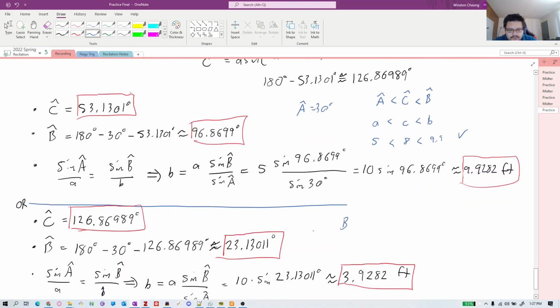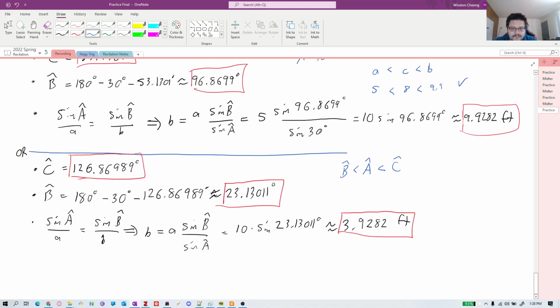So B is smaller than A, and then A is followed by C. So this is the order relationship of the angles in this situation. And then let's see what happens with the sides, because we should get this, otherwise the situation is problematic.